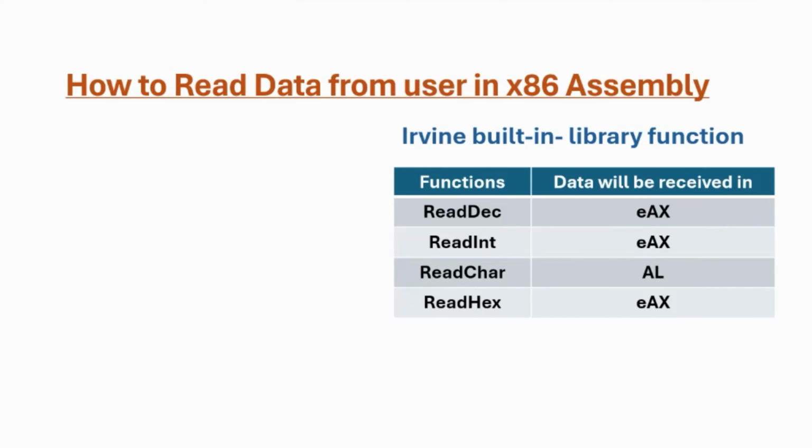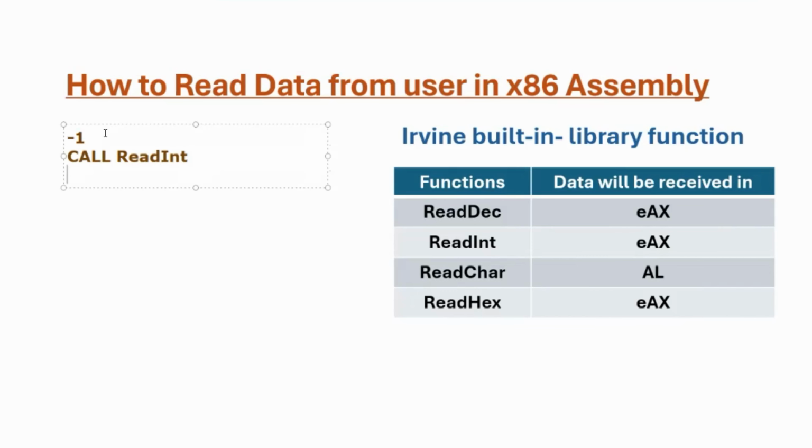So how do these functions work? For example, I have a number entered by a user, let's say -1. So -1 is an integer, so this is going to be read with read integer. So what I'm going to do is write call ReadInt.